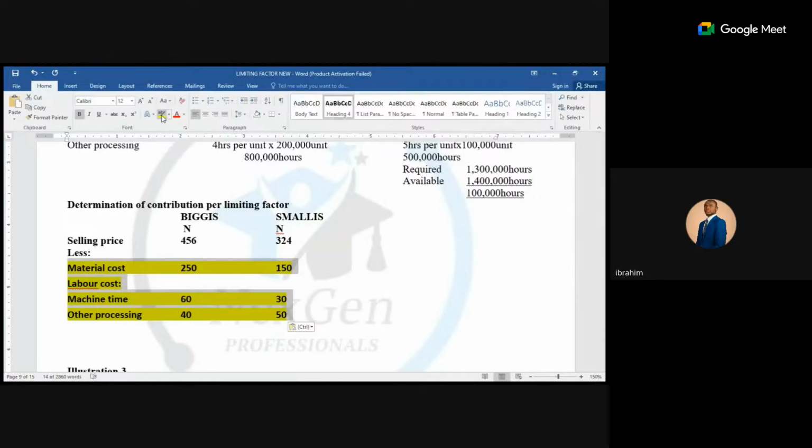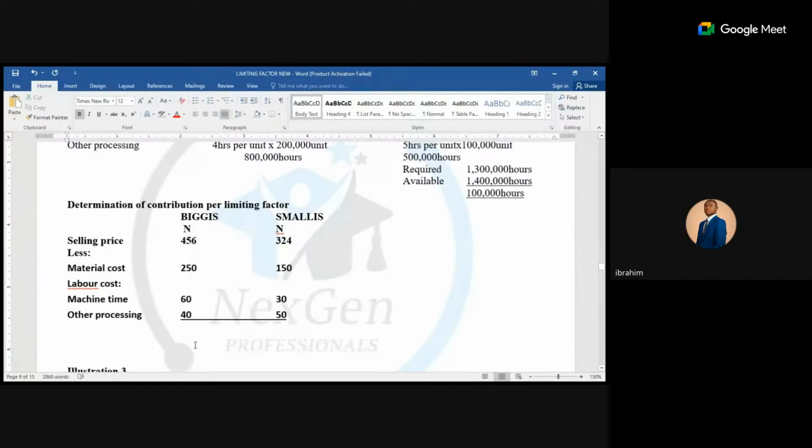So what is our contribution per unit when you subtract your selling price from all your costs? 106 for biggies. What do we have here? 94.